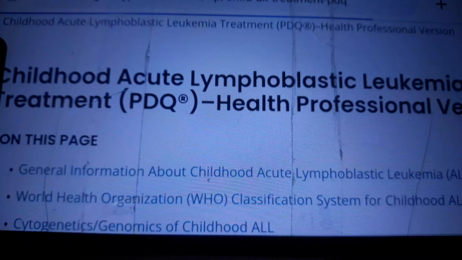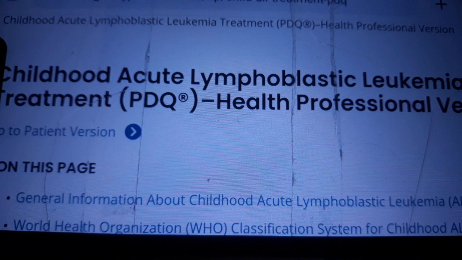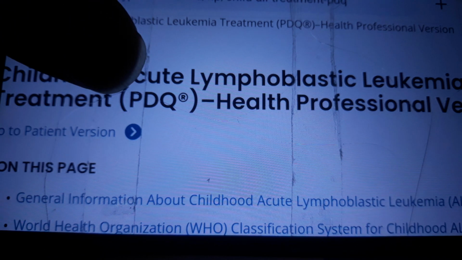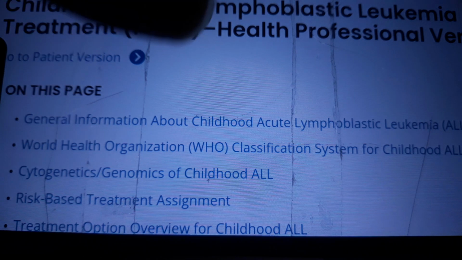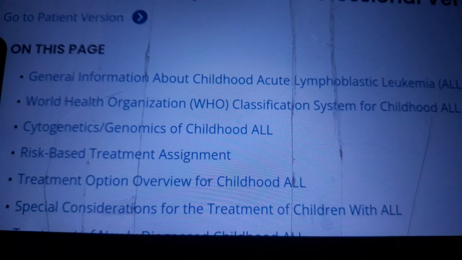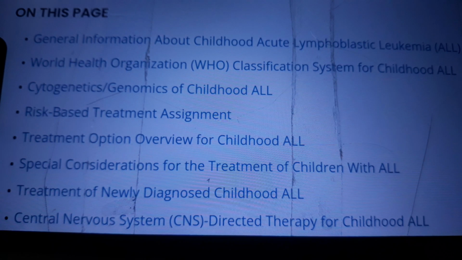It's shown this way: the childhood acute lymphoblastic leukemia treatment PDQ, health professional version, right? Patient version and professional version. On this page, you have general information about childhood acute lymphoblastic leukemia. You have the World Health Organization classification for childhood ALL, cytogenetics or genomics of childhood ALL, risk-based treatment assignments, right?